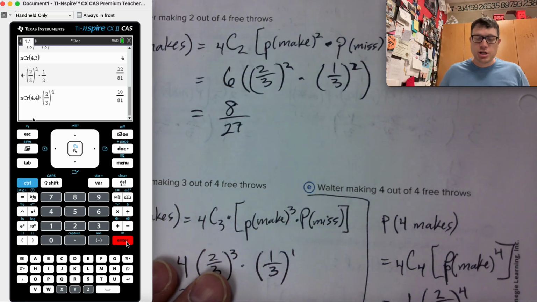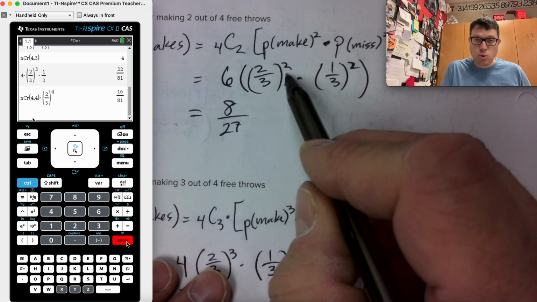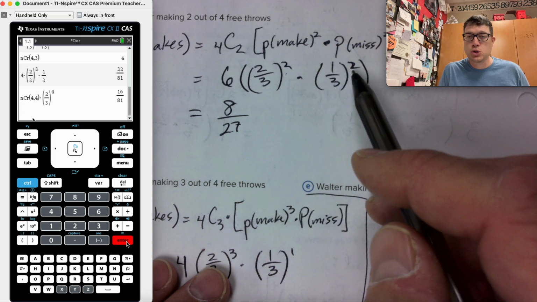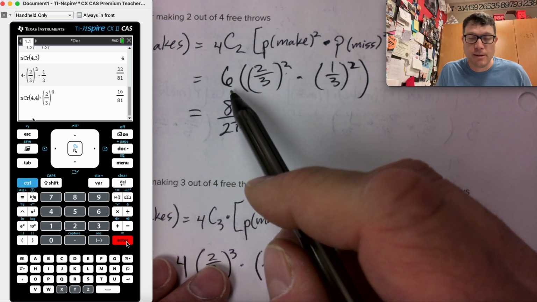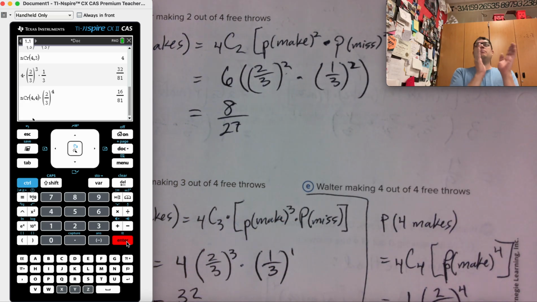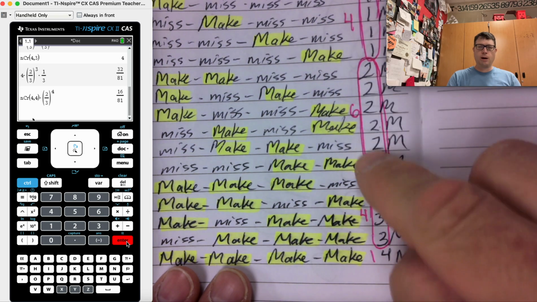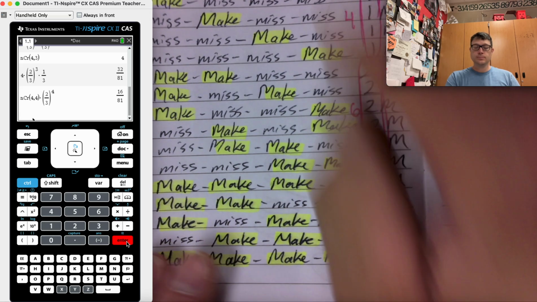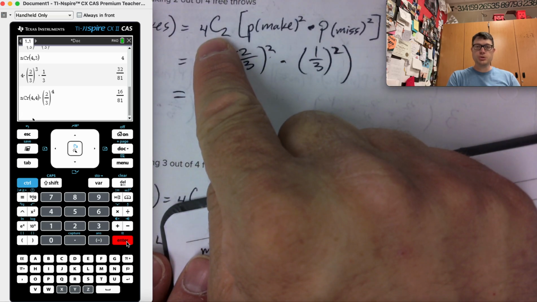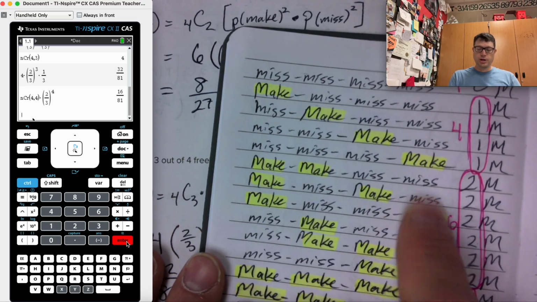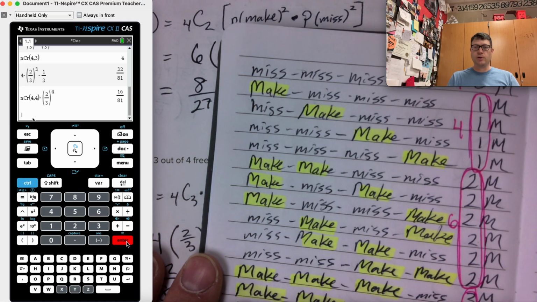So the calculation, 2/3 for making it twice, 1/3 for missing it twice, 6 different arrangements of that probability happening. It doesn't matter in what order you calculate the probability. You just got to know how many times it shows up. 4 choose 2. 4 things, choose 2 of them, happens in 6 different ways.